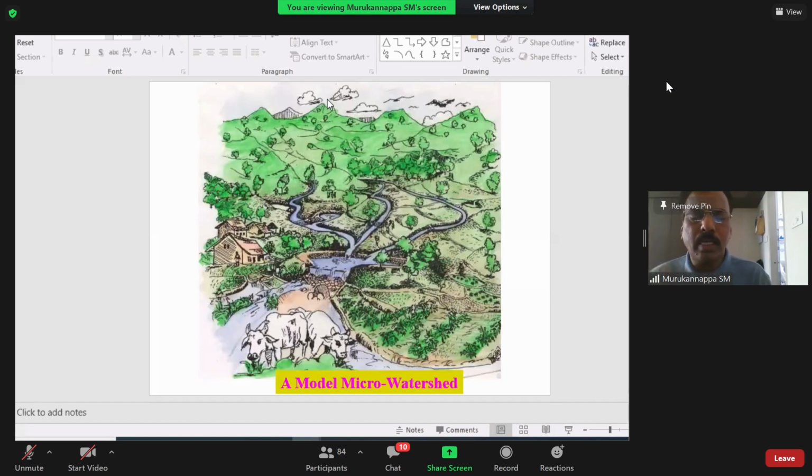For example, in this slide, there is an upper elevated place, that is hillocks. That is the higher elevated place. If you come down, you can find different features. Some area has only a tree component, so you cannot cultivate it.